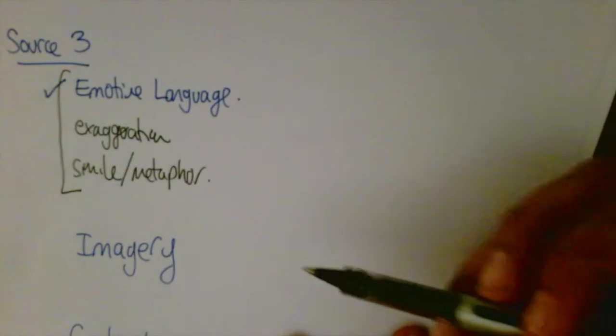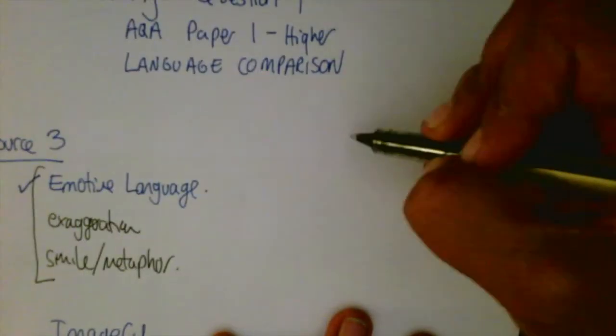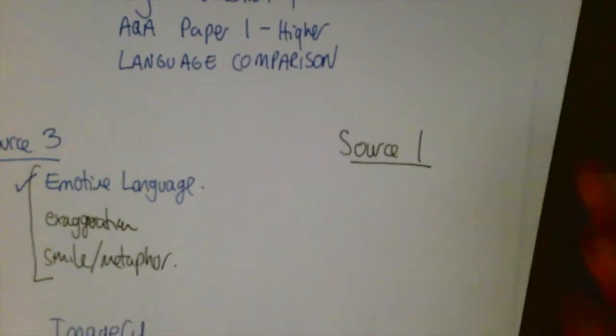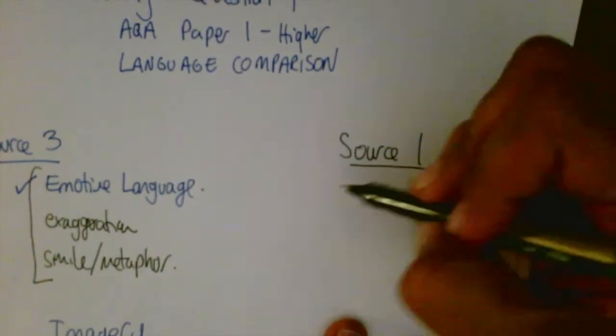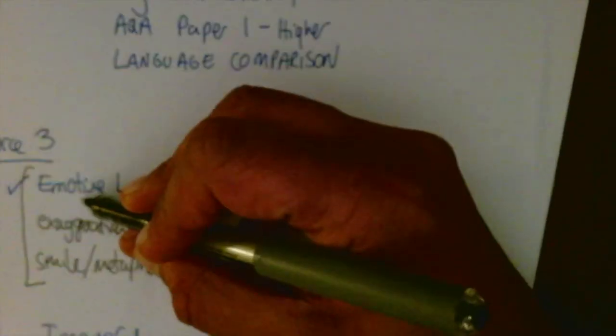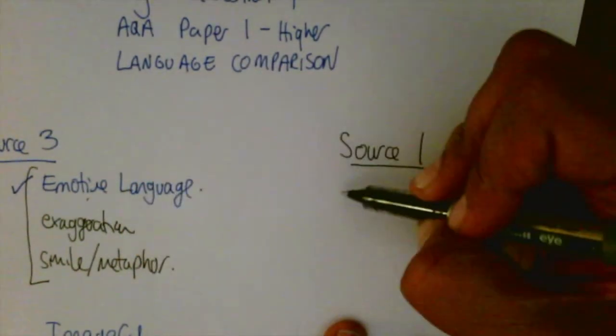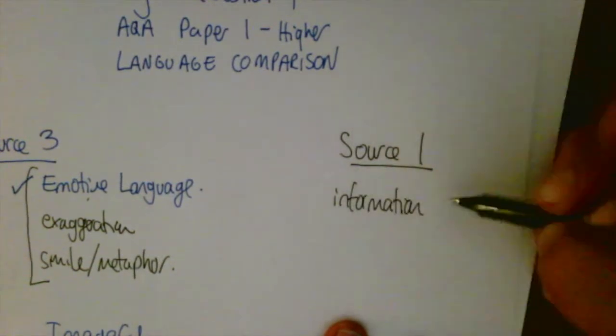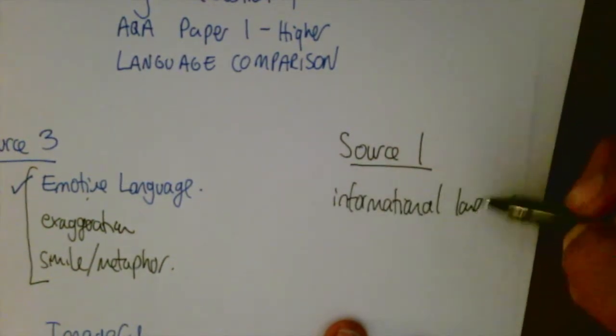For the other source, you have the choice between source 2 and source 1. The source I would choose always is source 1, because source 1 is an information text. So you will have language that's not emotive. On the contrary, it's going to be informational language.